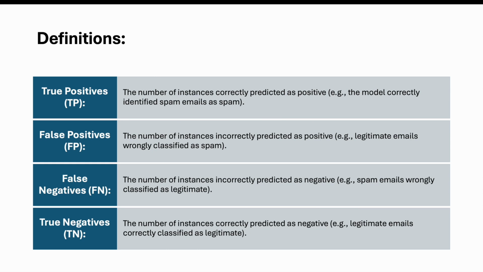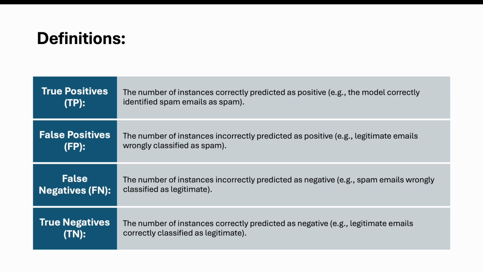Let's go through them with a real life example to understand it very easily. True positive means the number of instances correctly predicted as positive. Example, the model correctly identified a spam email as spam. I defined the expected result as spam, and the model also gave its result as spam, so that is a true positive.